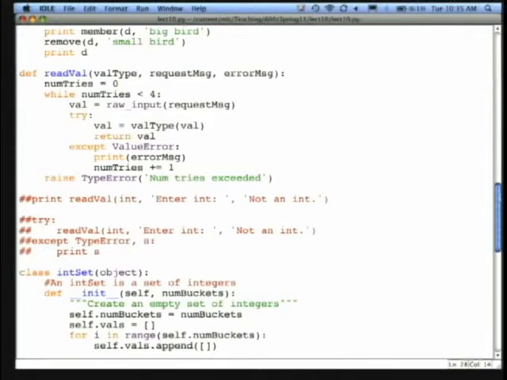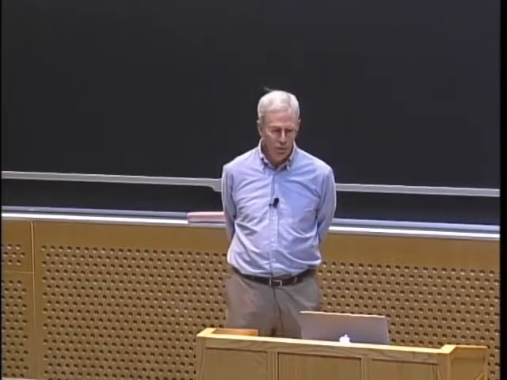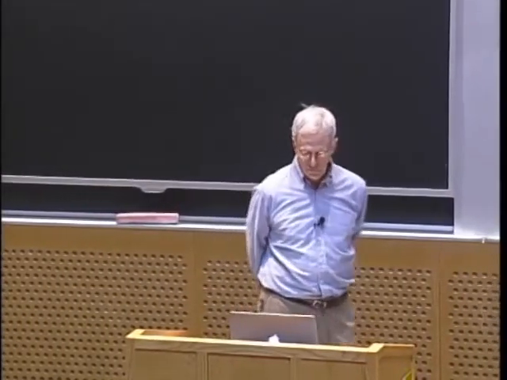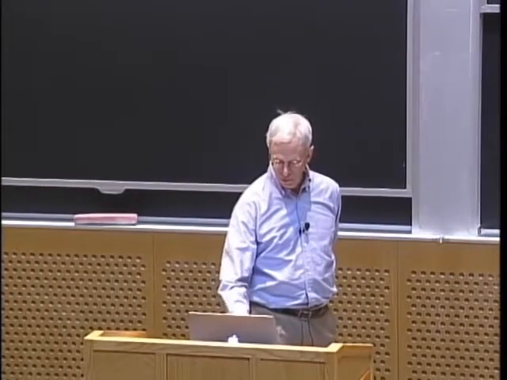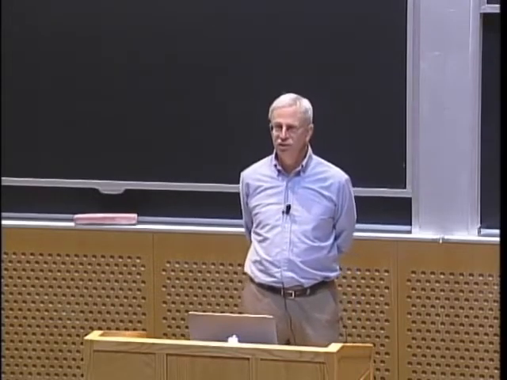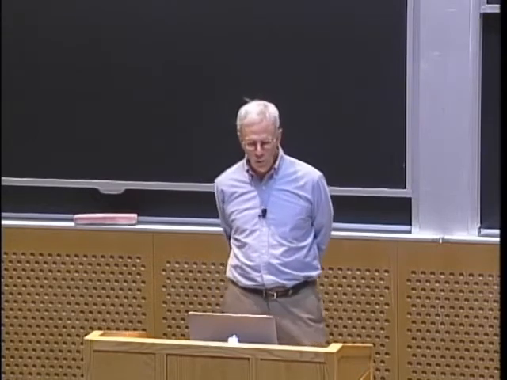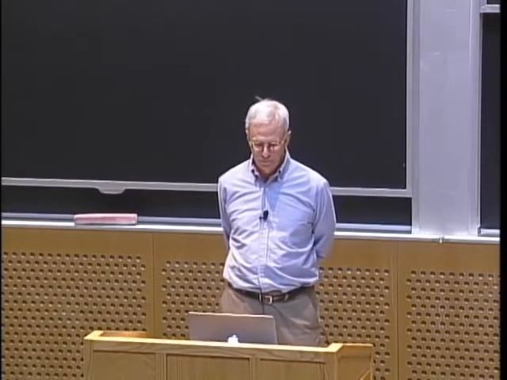On the other hand, if during this attempt to convert it, an exception is raised, for example, the user is asked to input an integer and they type in the letter B, which can't be converted to an int, then a type error exception will be raised, or a value error exception. And if a value error exception is raised, it prints the error message, increases numTries by 1, and goes back to the top of the while loop.